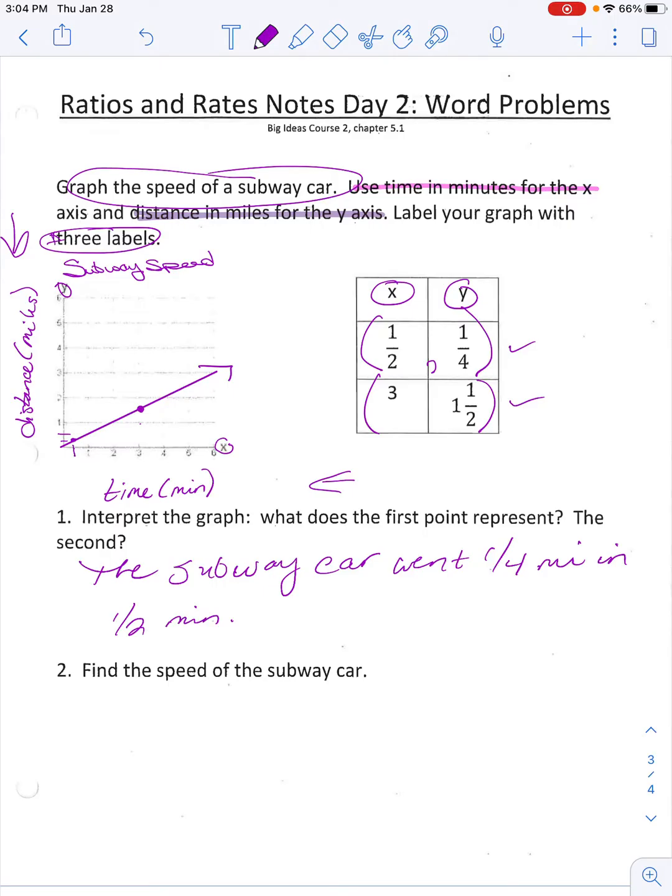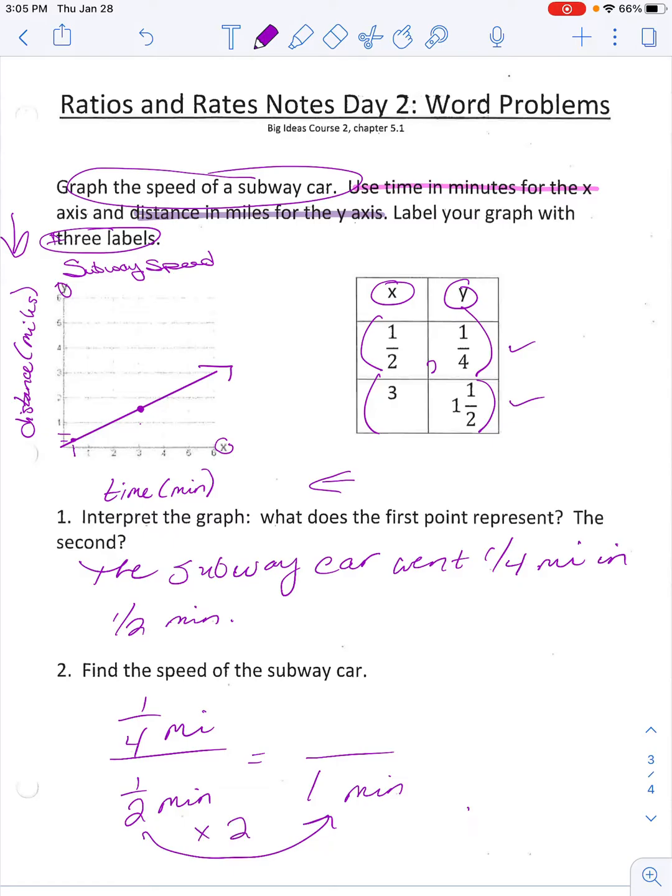Okay, find the speed of the subway car. We're going to write what we just wrote like a proportion: 1/4 mile in half a minute. We don't want to know a half minute. We always want to know a full minute. Always want that denominator to be 1. So how do I get from a half minute to a whole minute?